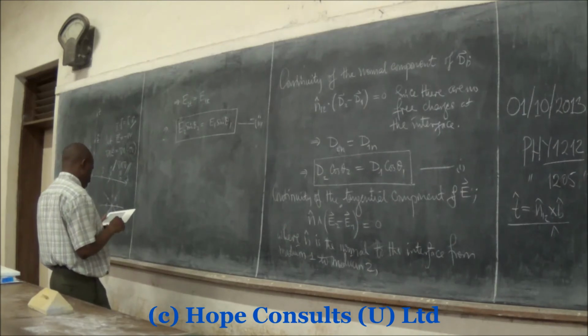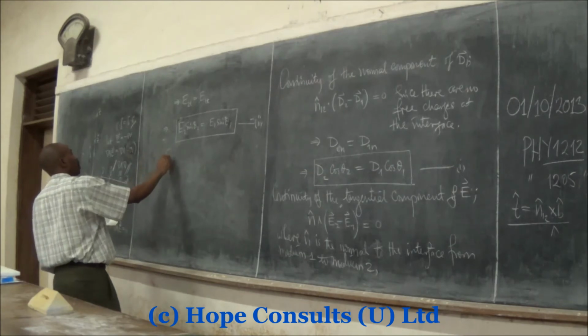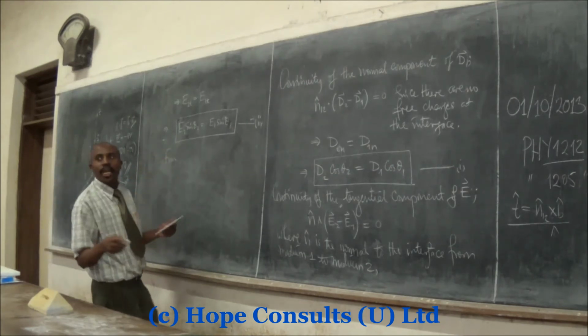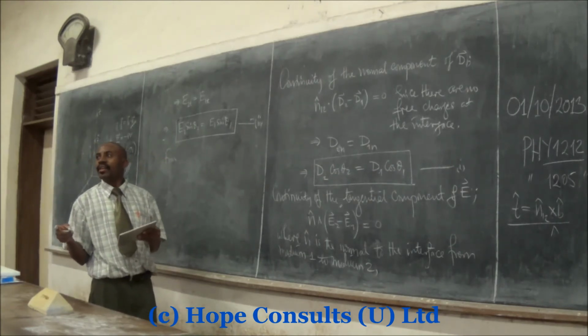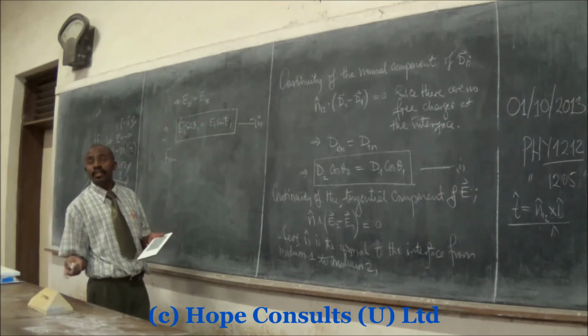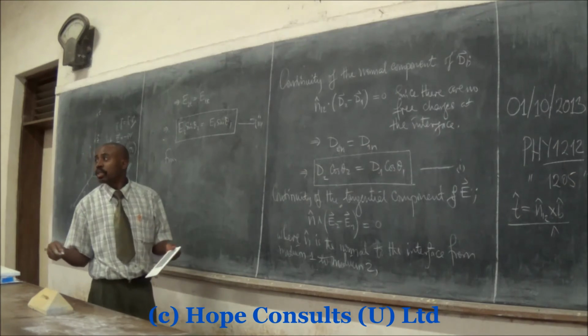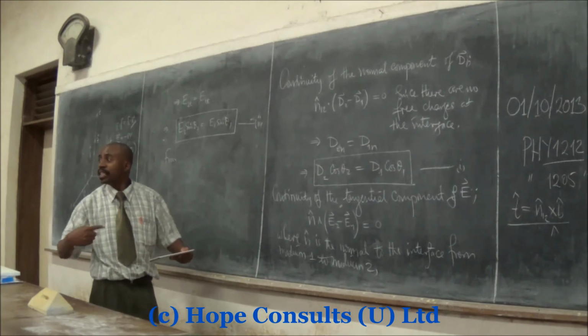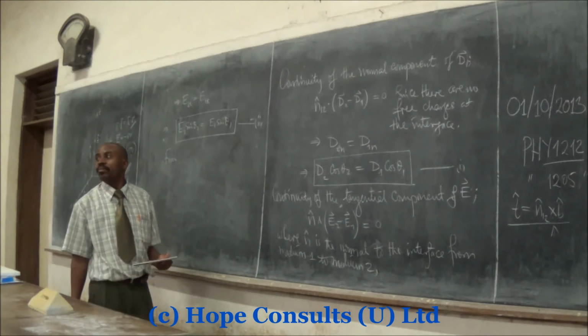then we can comfortably say that D and E are related, D is proportional to E, whereby the proportionality is because of how permissive the medium is.